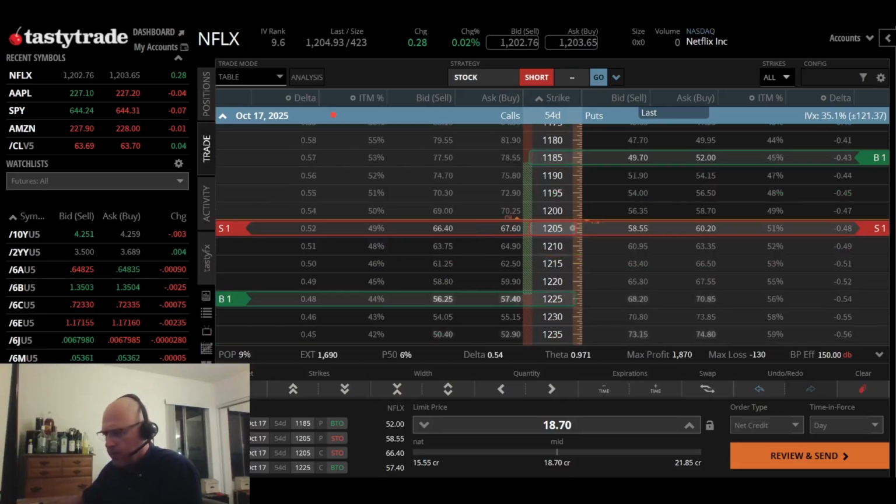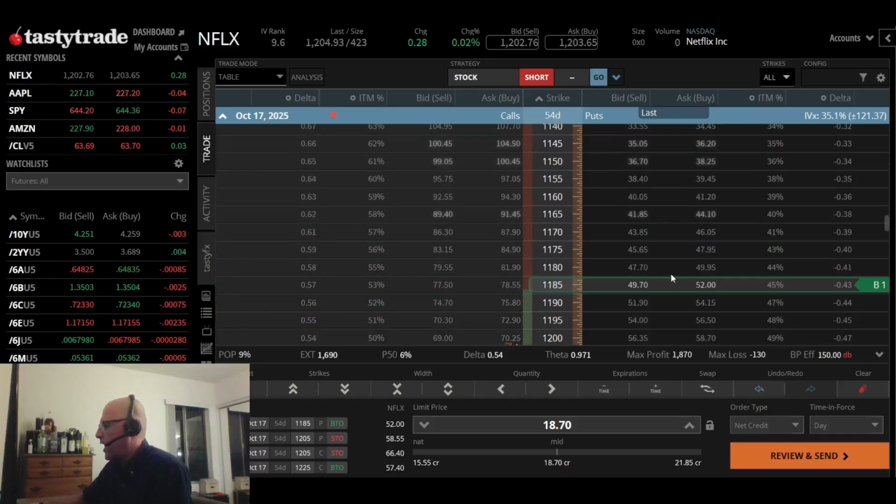So the probability of profit on this trade is only 9%. So this is not a trade I would do here. The probability of making 50% of max profit is only 6%. It's not even the same as the overall probability of profit, which is weird. It's a Monte Carlo simulation, so this number can vary.